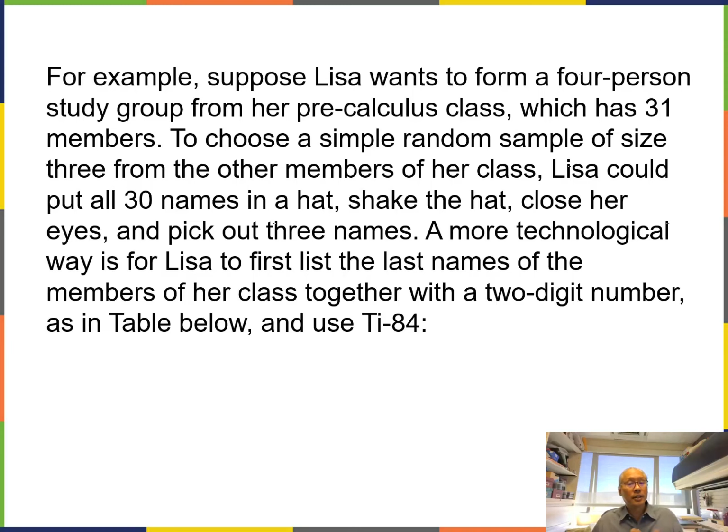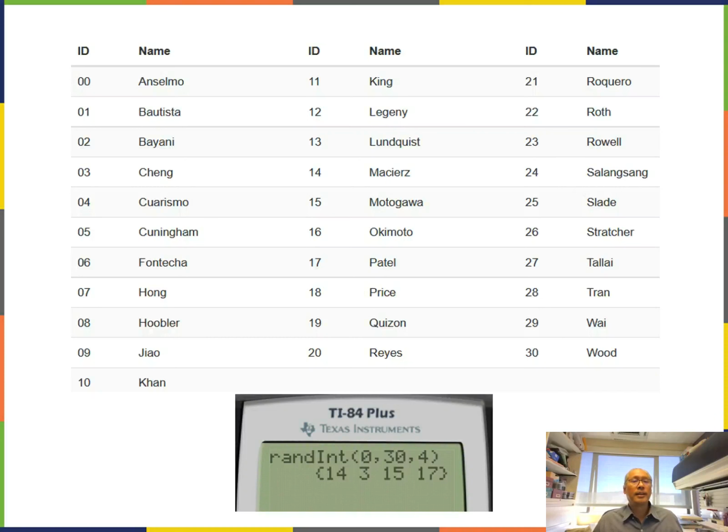You can also use technology to create random samples. A calculator, for example, if you have those students in there, you can ask for a set of 3 or 4 students based on some random program in your calculator.